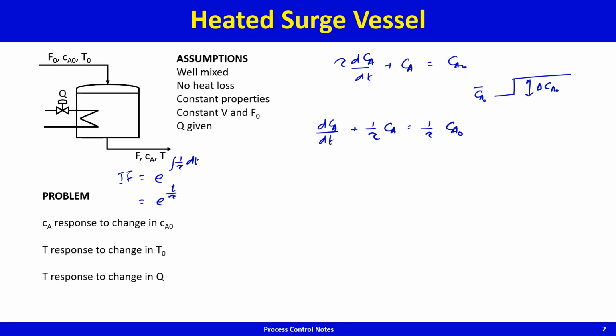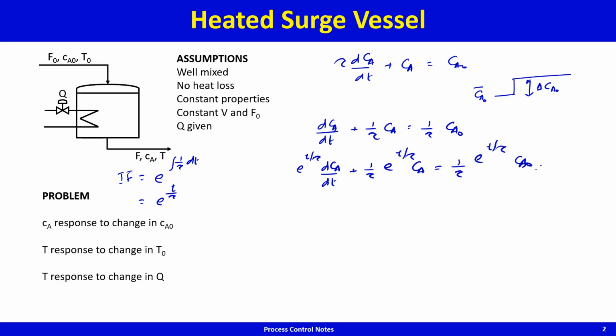So multiplying both sides by e to the power t by tau, what you get is e to the power t by tau times dCa by dt plus 1 by tau e to the power t by tau Ca is equal to 1 by tau e to the power t by tau times Ca naught.